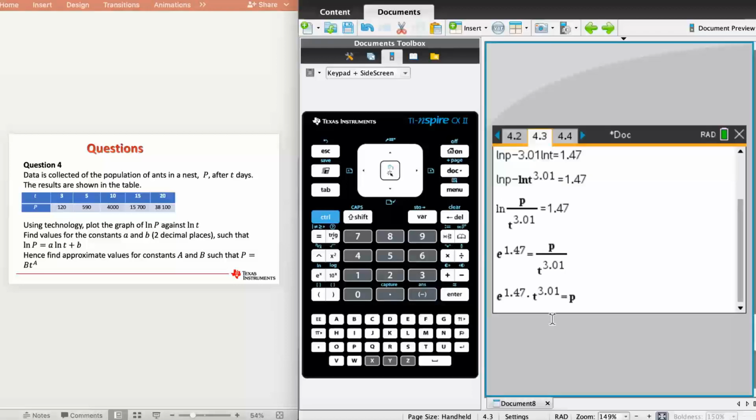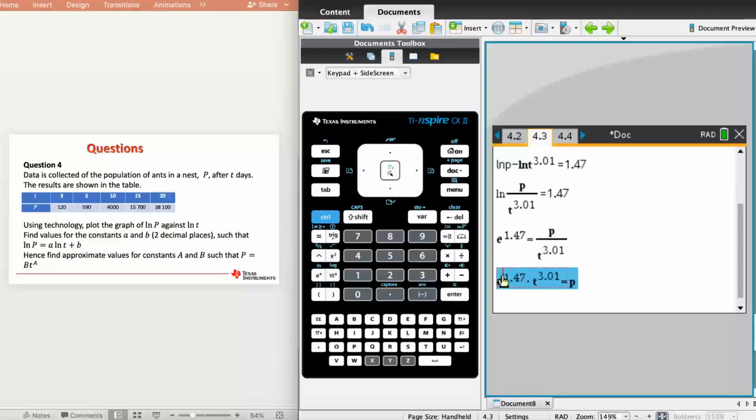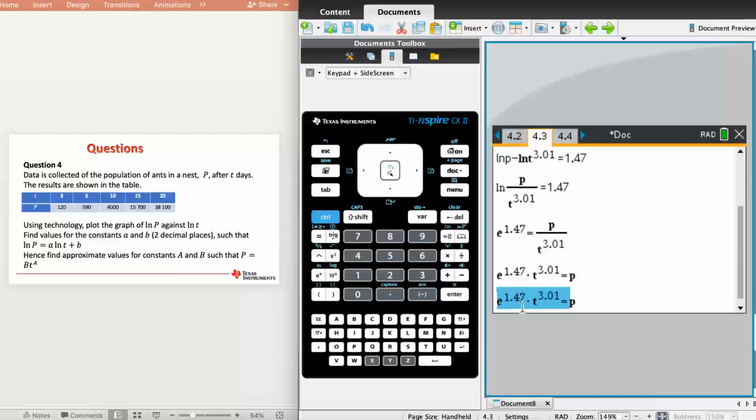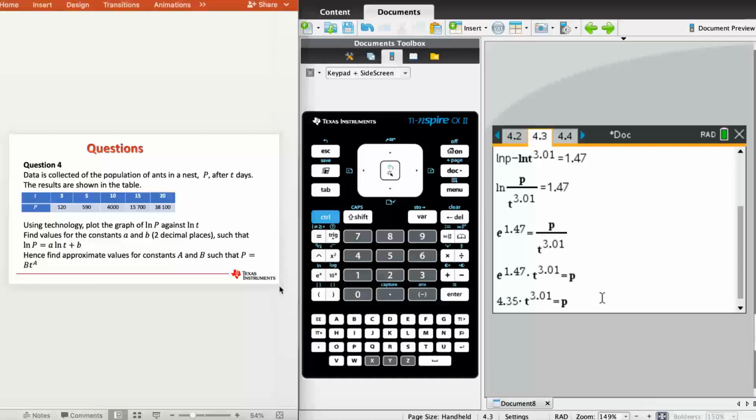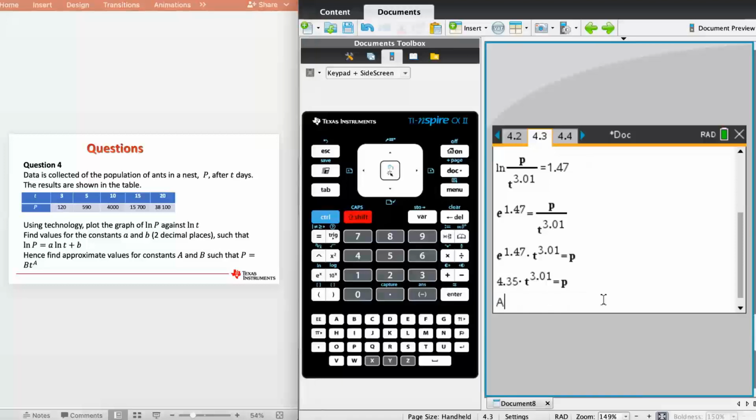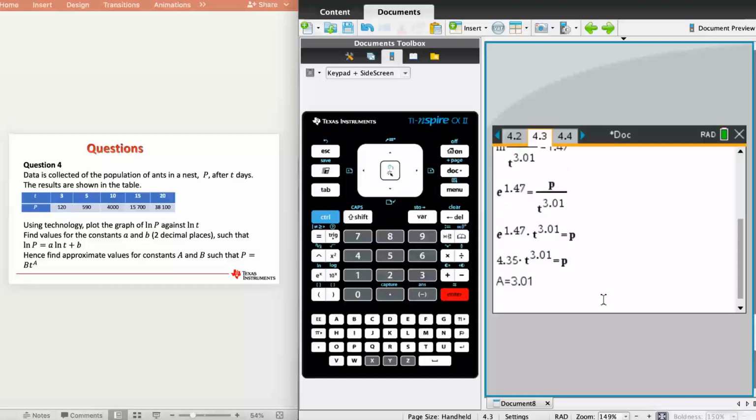So my expression becomes P equals 4.35 t to the 3.01, which means that the constant in my original expression b is equal to 4.35, and the exponent a is 3.01. So I can then say that a is equal to 3.01 and b is equal to 4.35.